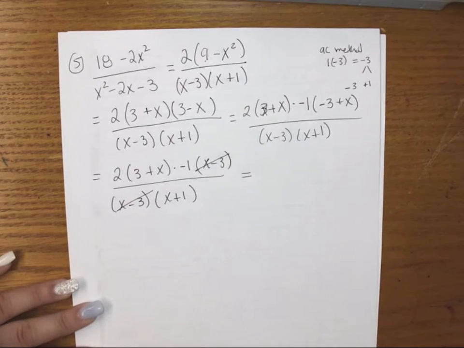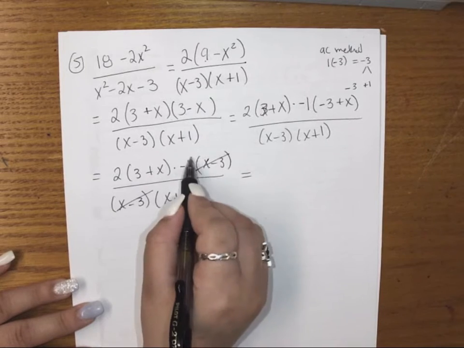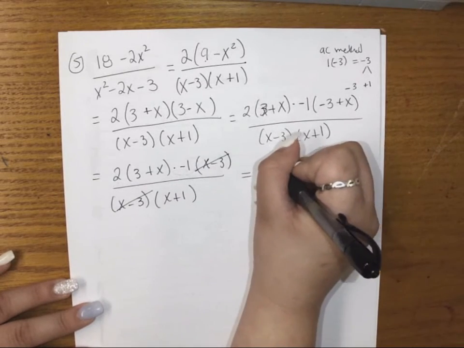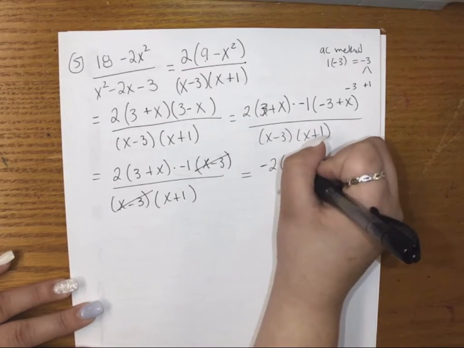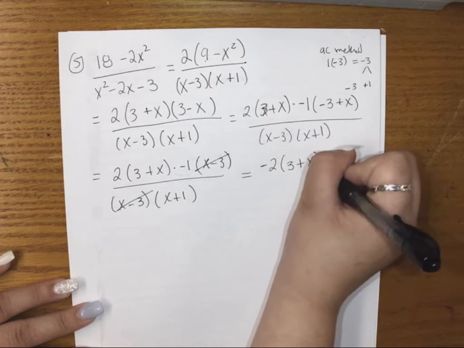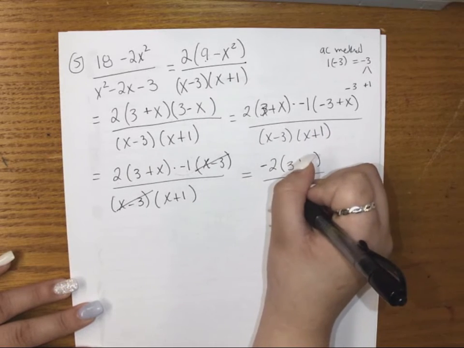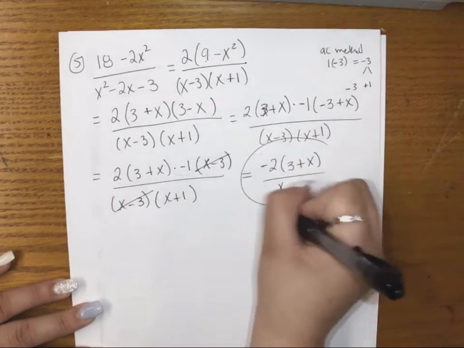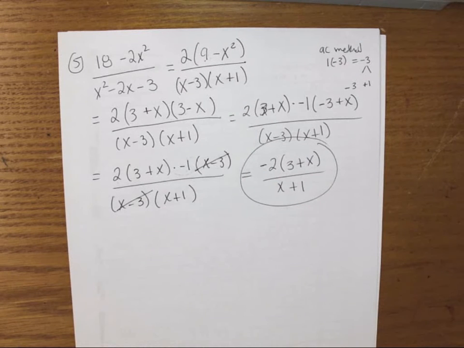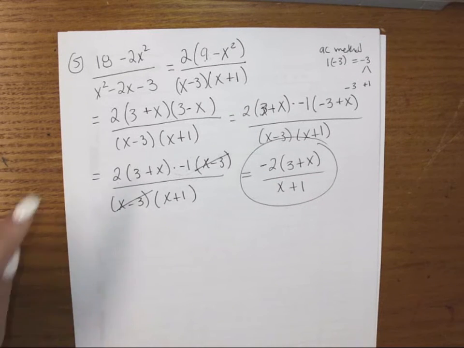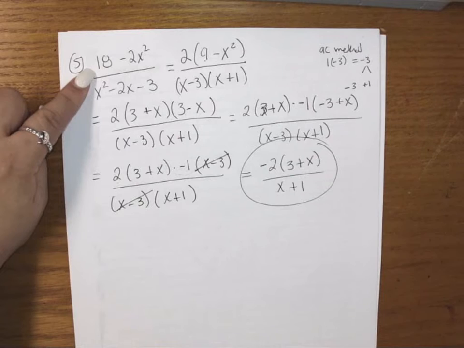Nothing else cancels, so we're done simplifying. So I have a 2 and a negative 1. 2 times negative 1 will give us negative 2. We have times 3 plus x over x plus 1. So that's our answer. That's how this rational expression simplifies.